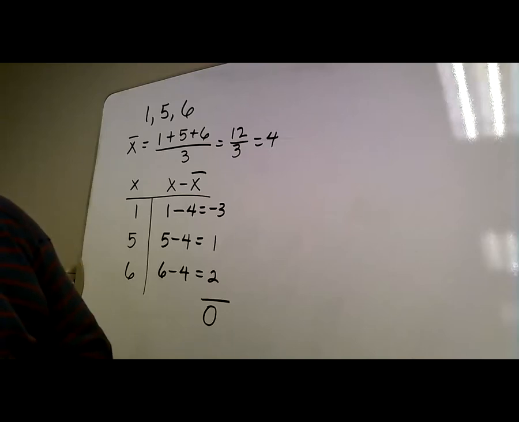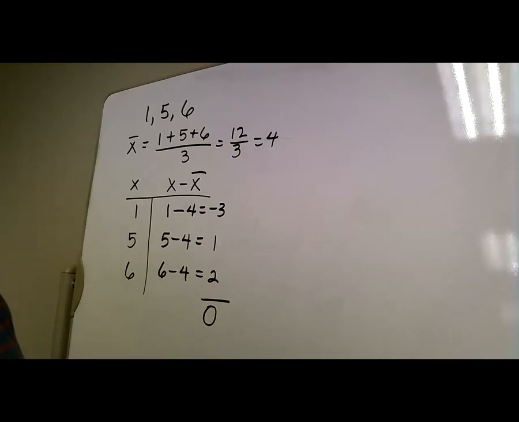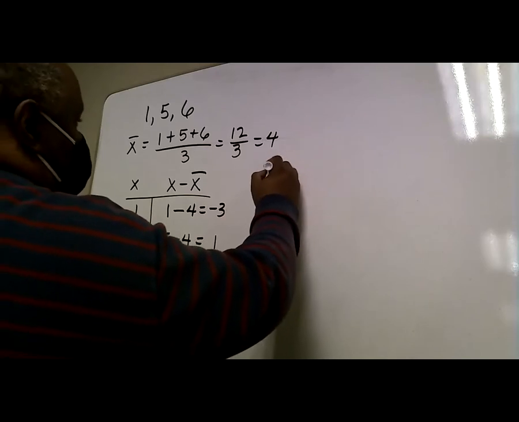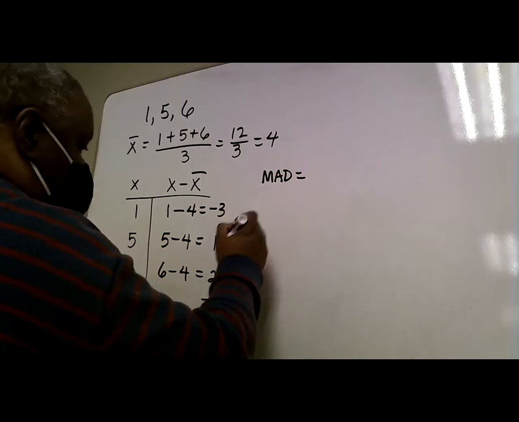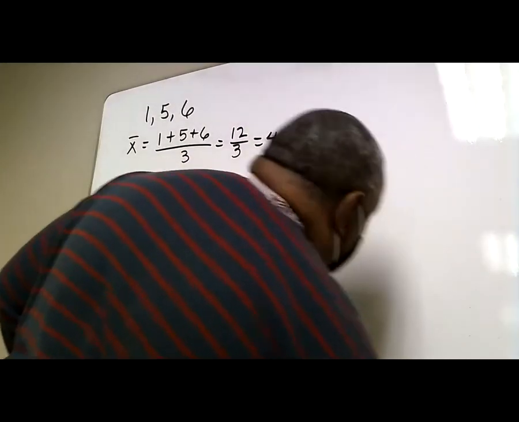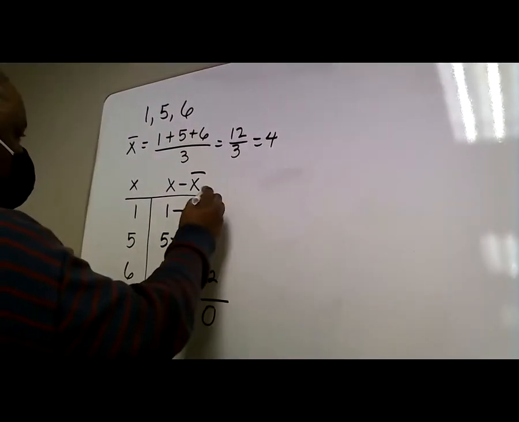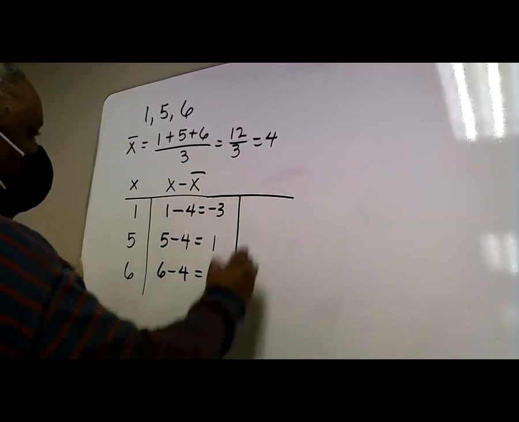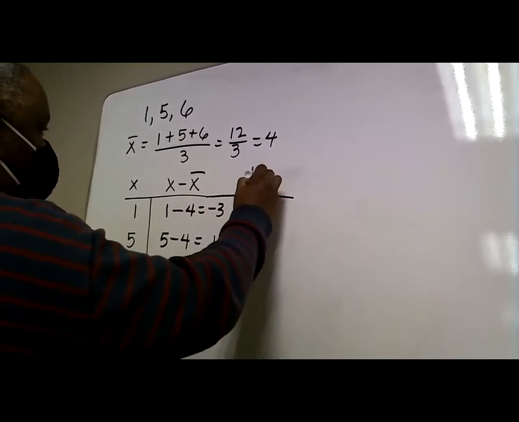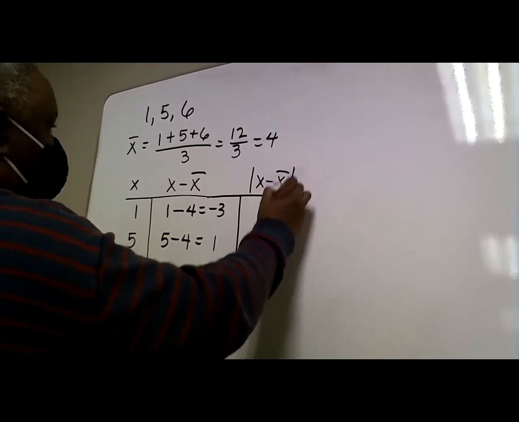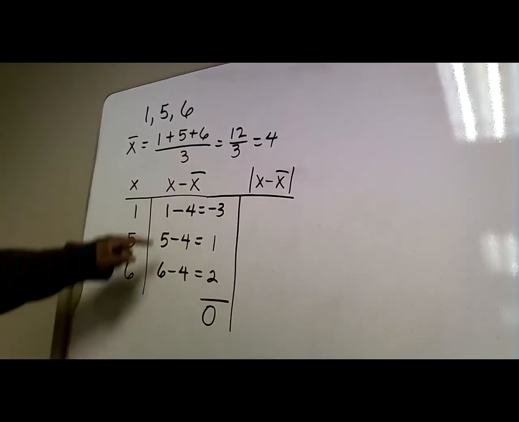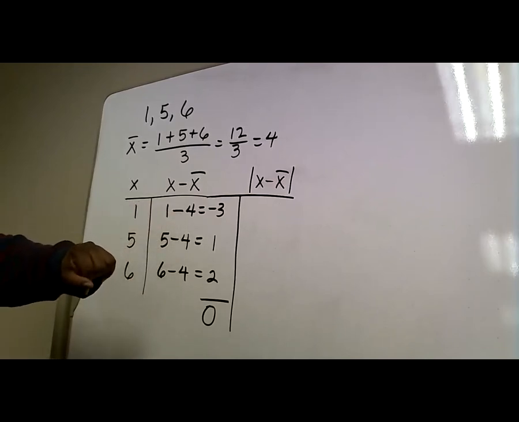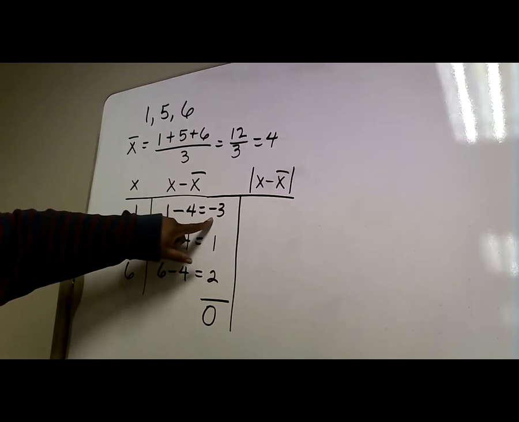In this case, if I want the mean absolute deviation, I can use this table right here and extend it out to the absolute value of X minus X bar, since I already found out what X minus X bar is. So for 1, I came up with -3 for the deviation.